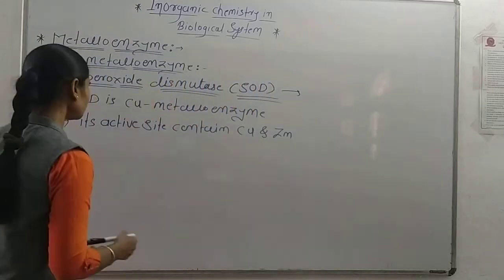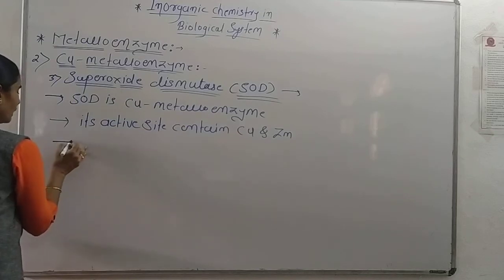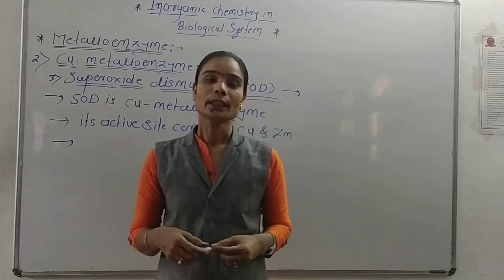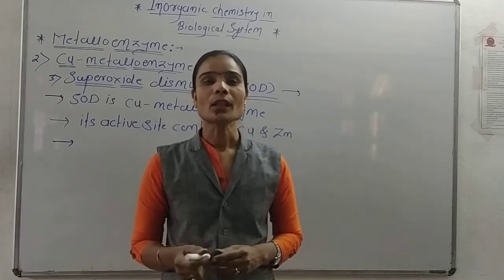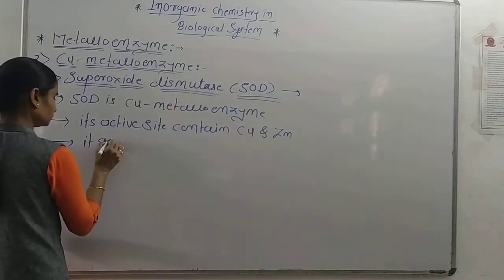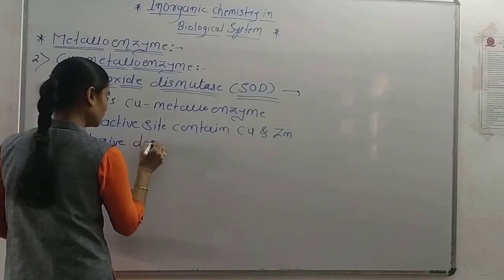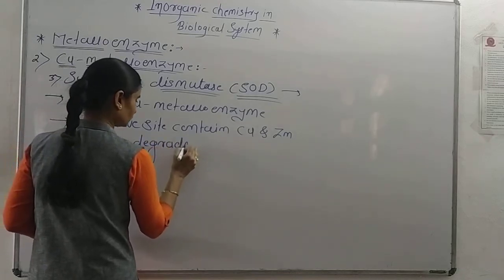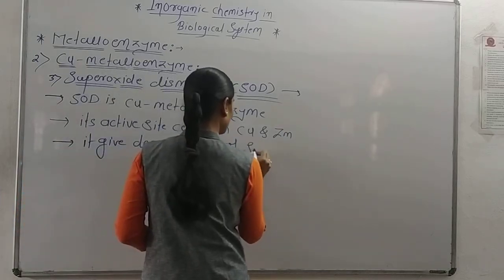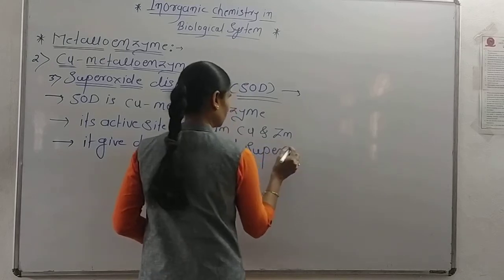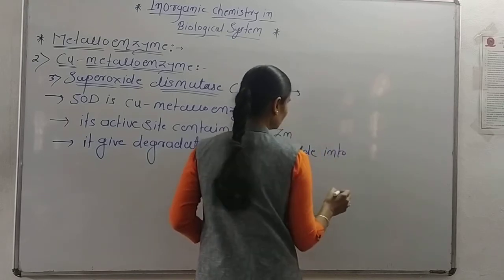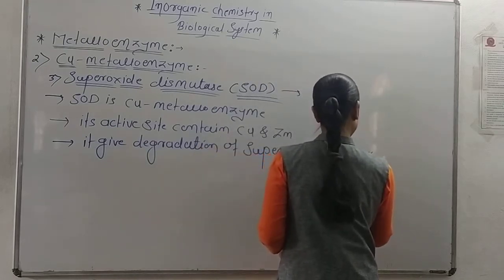Okay, now we already saw the function of superoxide dismutase. It gives the degradation of superoxide into peroxide.